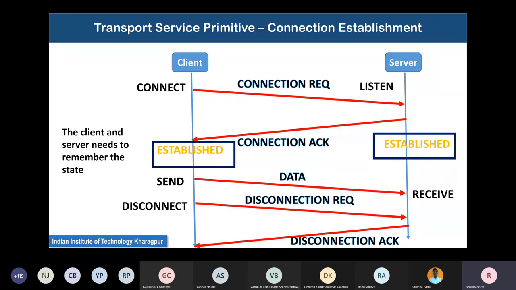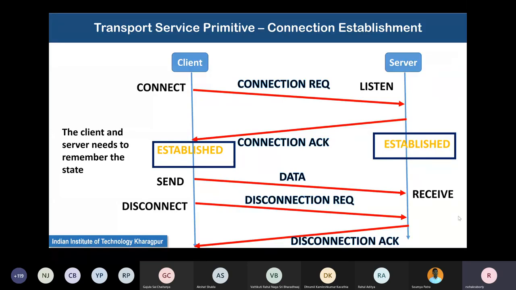If it can accept it, which is typically the case, it acknowledges that connection request with another message back to the client saying that yes, I allow the connection and I acknowledge this connection. After that, the connection is in an established state, and then the client can send data. It can keep on sending data.